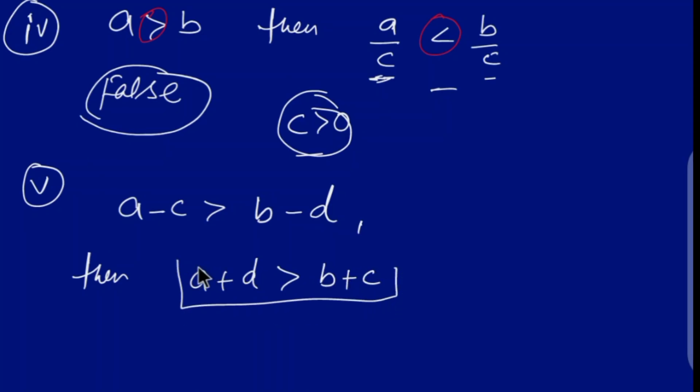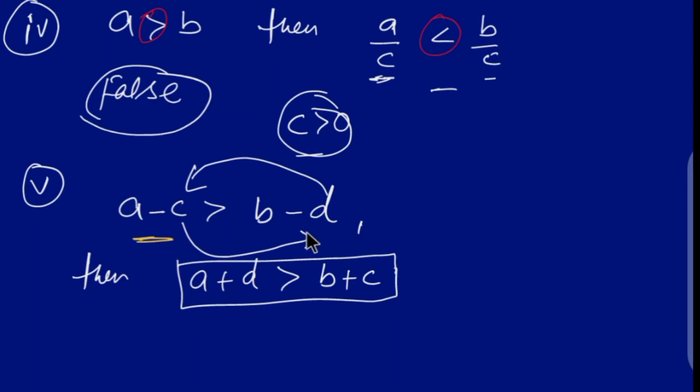You just change this: a and d came to the left side and c went to the right side. So there is no problem. I told you about this. If we are changing sides, taking a number from left to right side, the sign will change. So this is a true statement, because side changes and sign changes here.